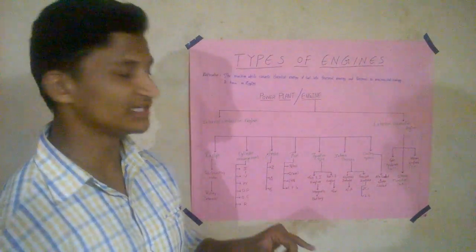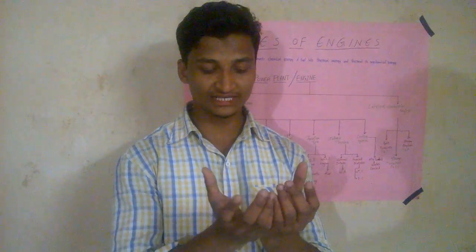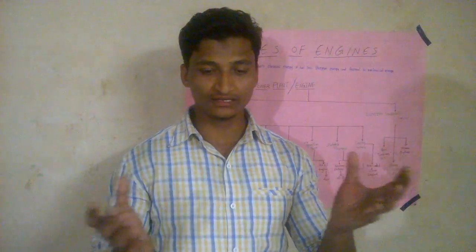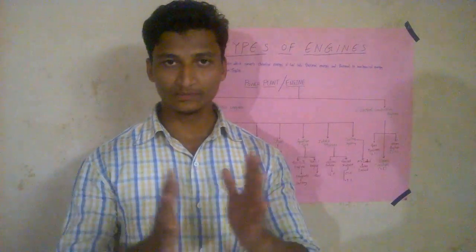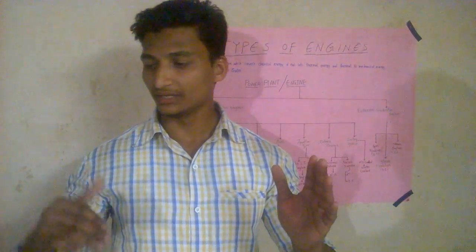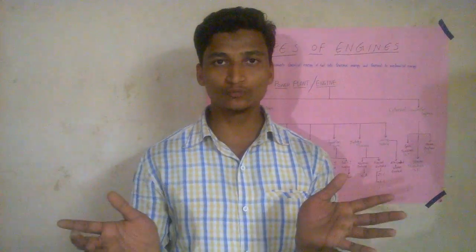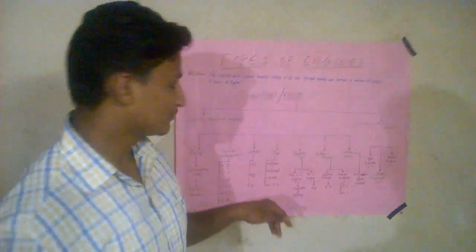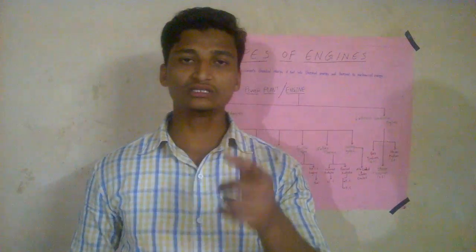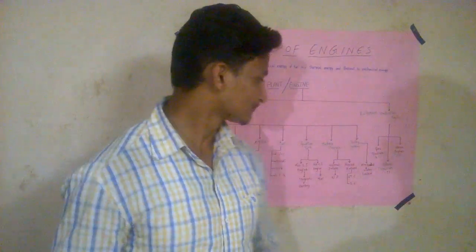Next we have opposed cylinder. Opposed cylinder means the cylinders are arranged facing outwards. The pistons move outwards, ignition takes place on the outside of each piston, and these two pistons are connected to a crankshaft kept in the middle of the engine. These engines are used by the company Subaru.